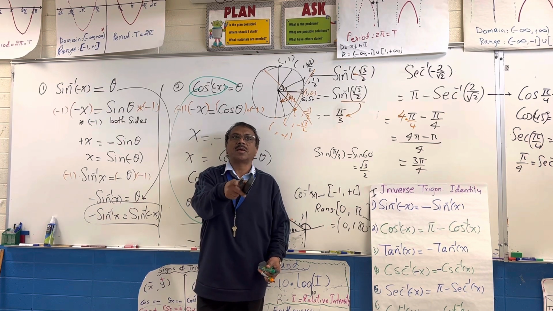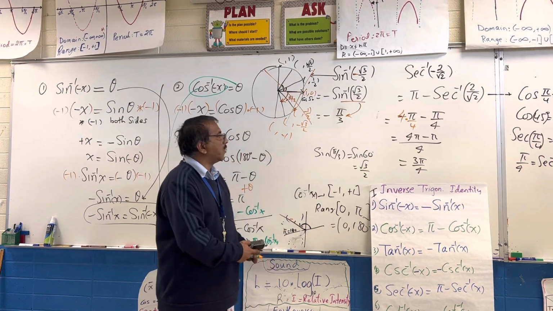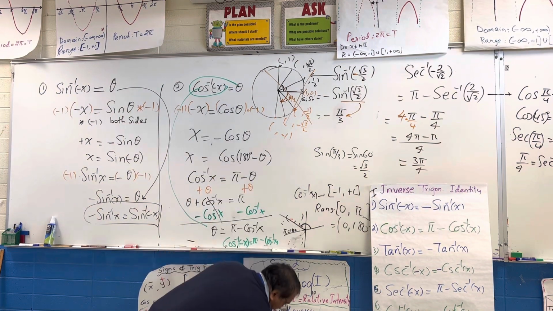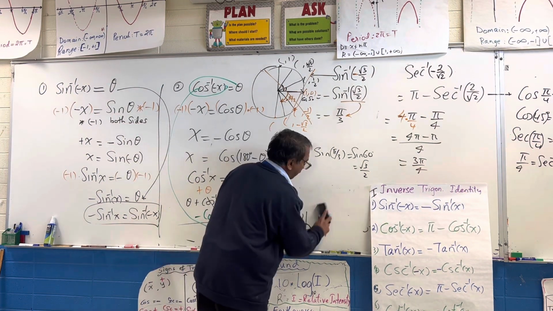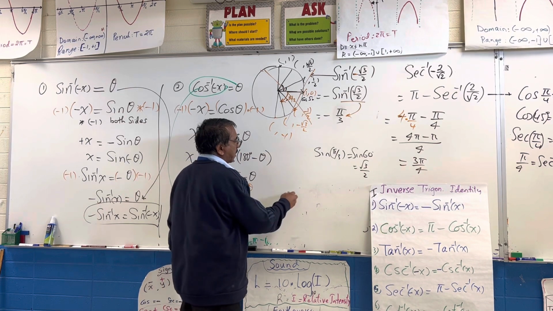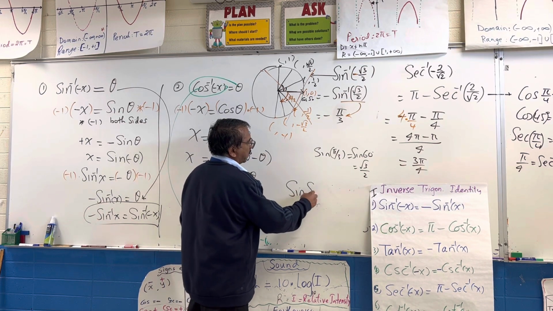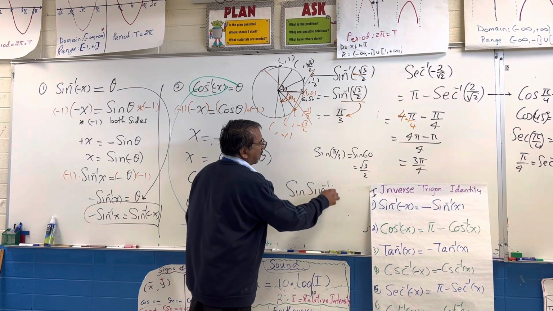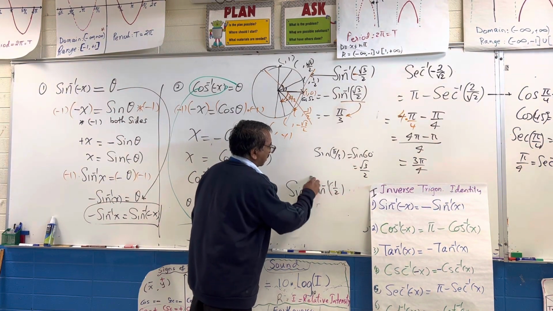Stay tuned. Next I'm going to make another short video for when there is a combination, let's say you have sine or sine inverse of, let's say, half, what is the answer?